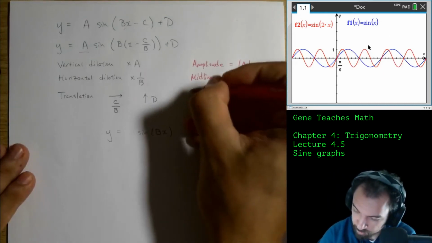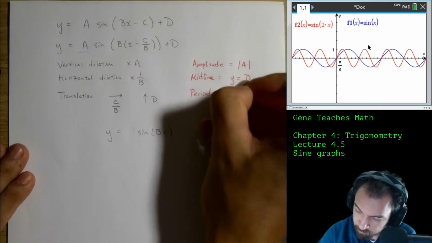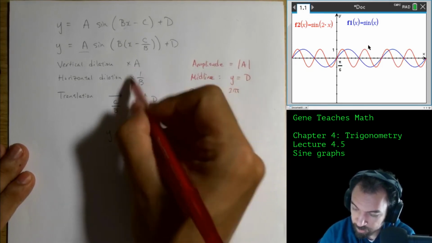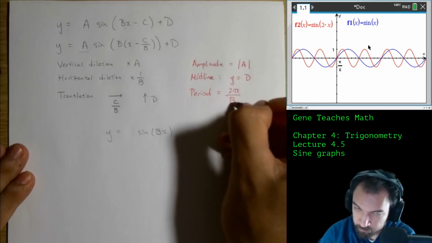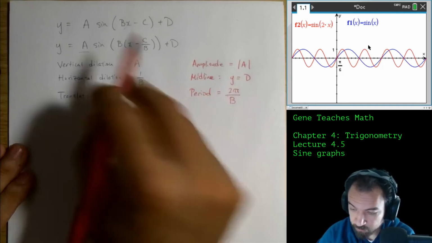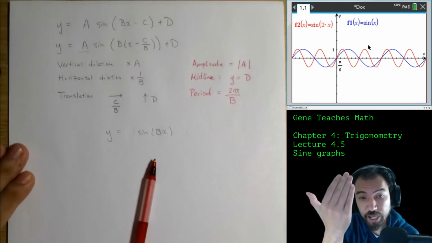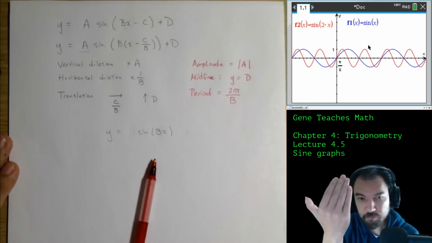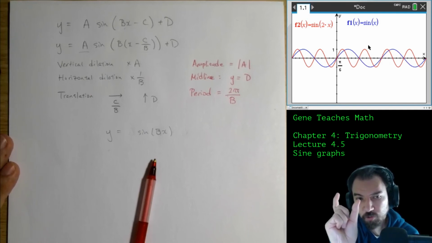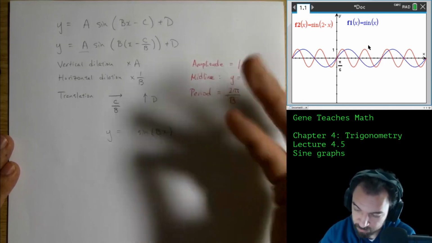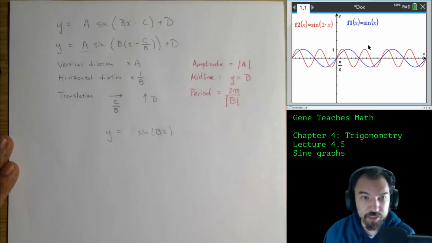So we would say the period of a graph is going to equal its normal 2 pi multiplied by 1 over b. But what if the b is a negative? That just reflects across the y-axis, but it doesn't change the horizontal distance that you go every time you repeat. So this is going to be the absolute value of b down here.